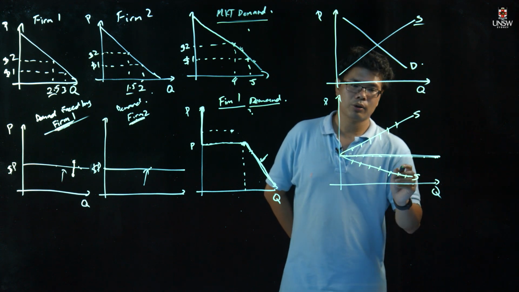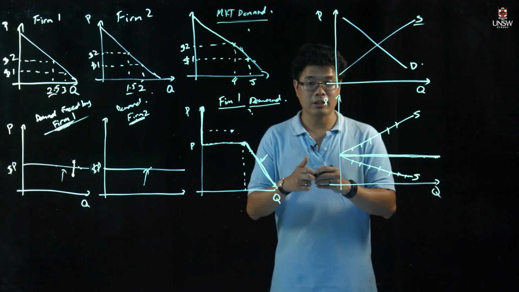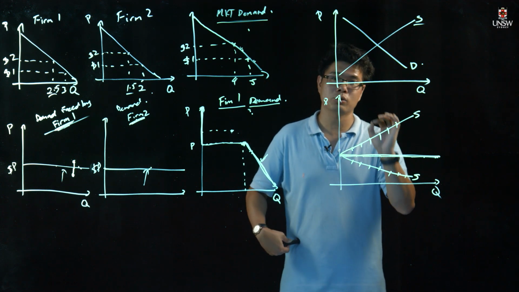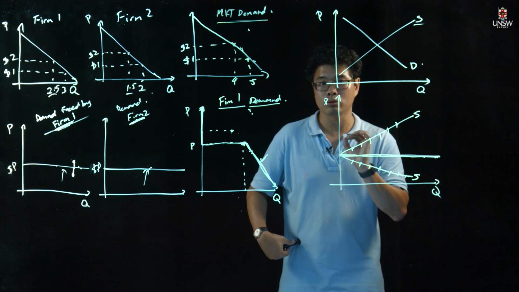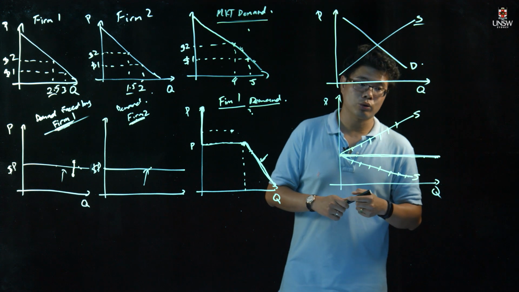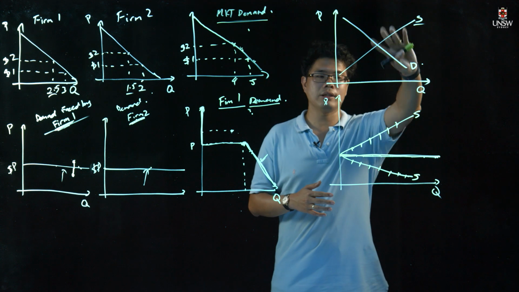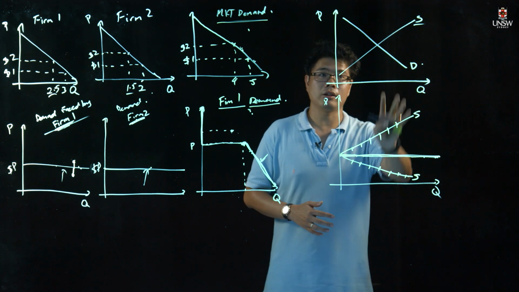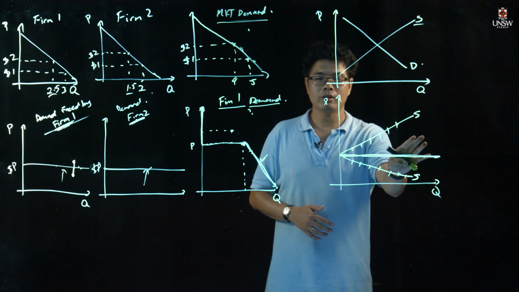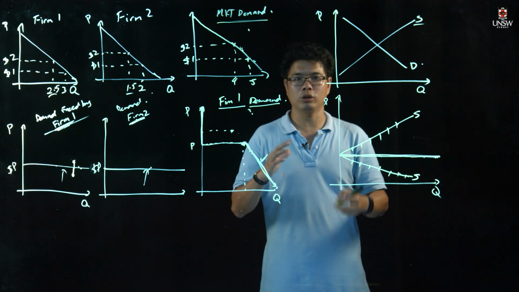Okay, so just be aware that this horizontal line has a very specific assumption, and that very specific assumption is that we have identical firms, or at the very least, identical cost structures, right? That is something which I wanted to emphasize, because it seems that some of you are getting confused between this diagram and this one here. In this particular case, we're in the short run scenario. In this case here, we're talking about the long run, and hopefully you understand the difference between the long run and the short run.